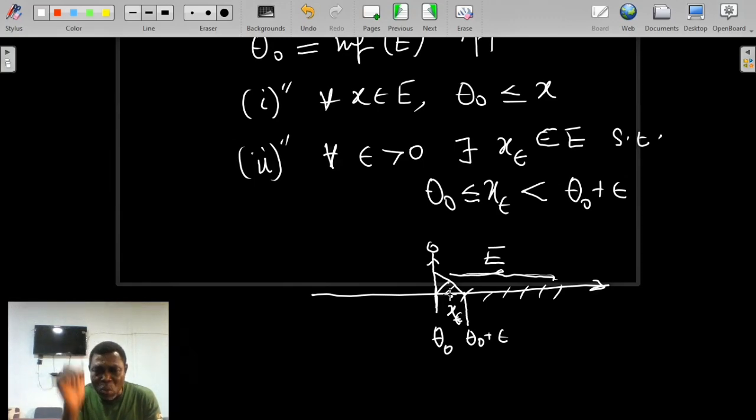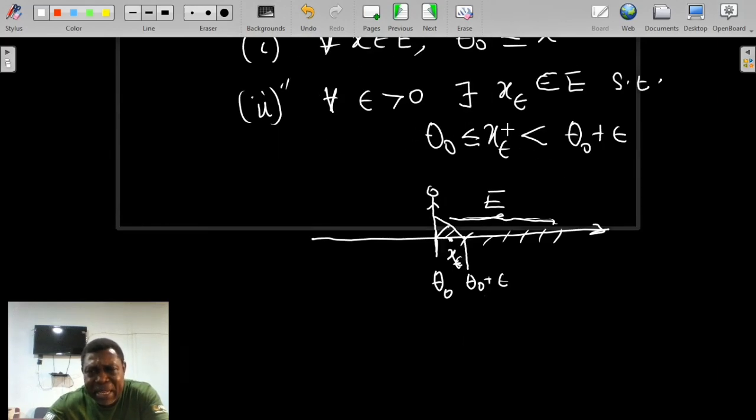But there must be one that is a member of E which satisfies this. That is what we mean by theta naught plus epsilon no longer being what? A lower bound. This particular inequality is very important and must be remembered as it appears. This less or equal to here is very important, and this strictly less than must be maintained this way.